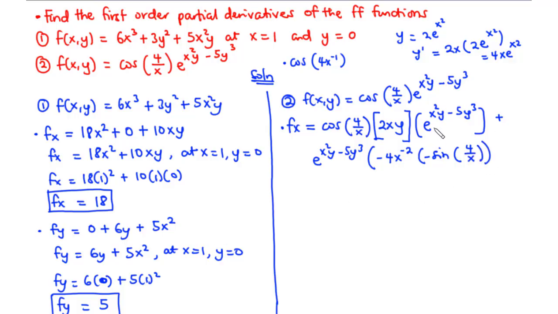So here you have e to the power x squared y minus 5y cubed being common to both terms, so we factor out e to the power x squared y minus 5y cubed, and then in brackets we have 2xy cos 4 over x, and then plus, in the sense that negative becomes positive, so this becomes 4 over x squared sine 4 over x.